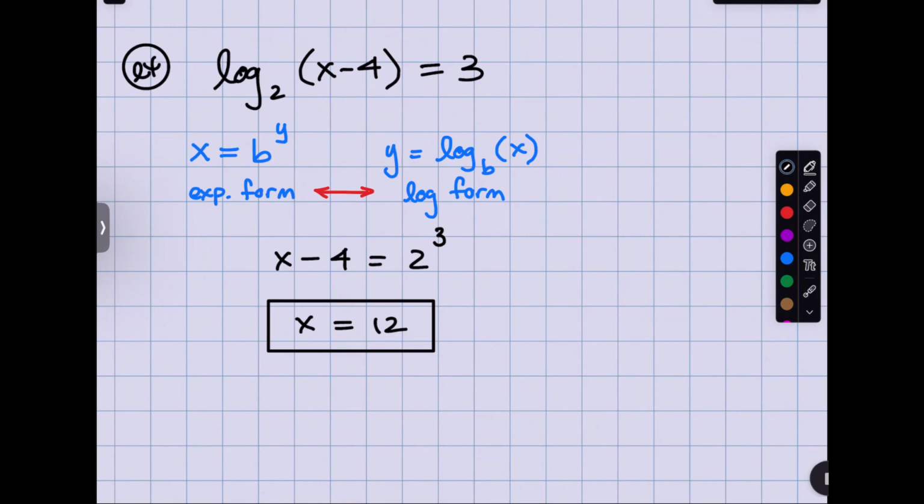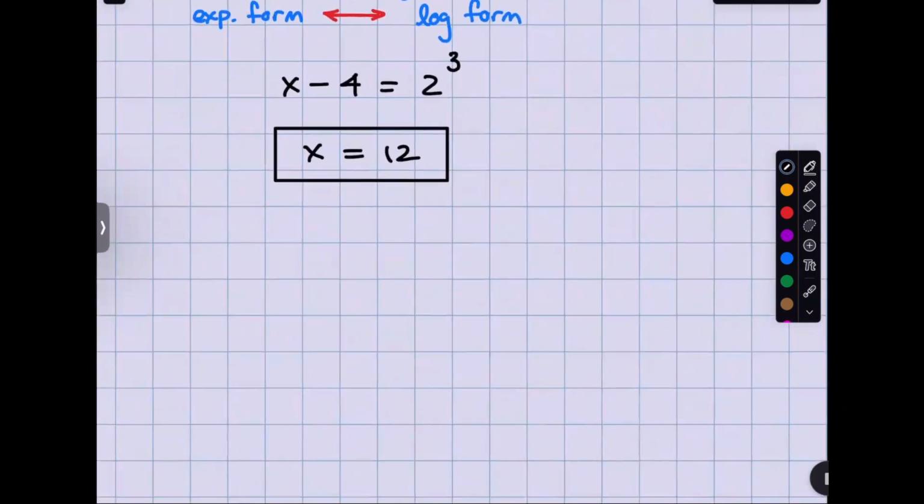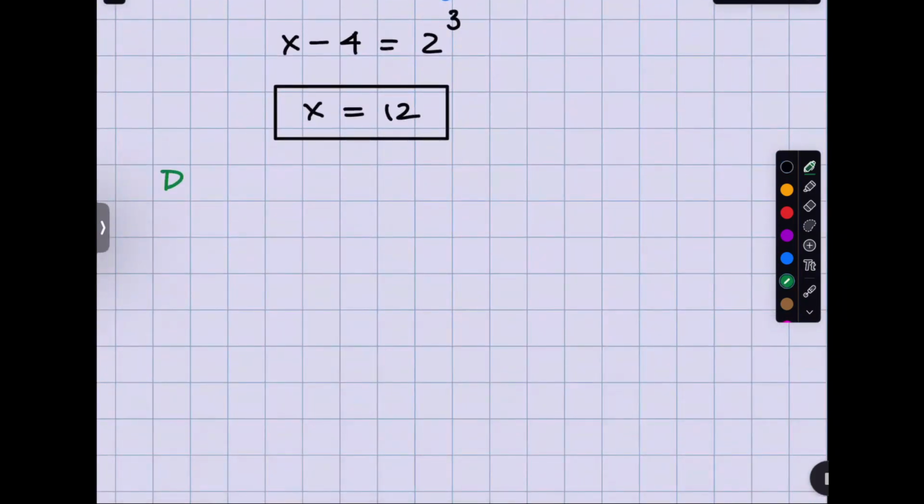Are we okay here? Now, I just mentioned that we should check. Why do we need to check? Can you guys tell me what the domain is? What's the domain of a log function?